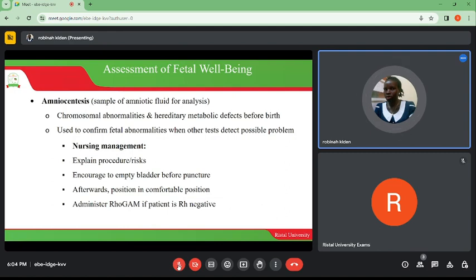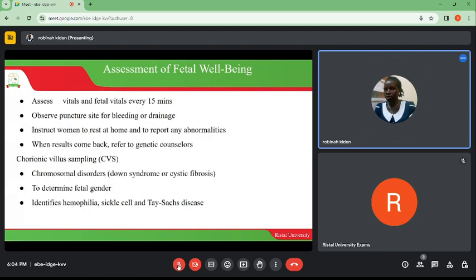Then administer RhoGAM if the patient is rhesus negative, to make sure that incompatibility is not created. Otherwise, it can lead to losing the fetus.